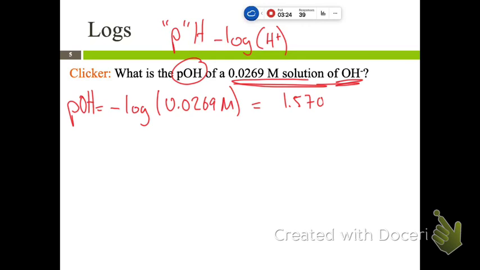So if I had the H plus ion concentration, I couldn't take the negative log and call that POH. So I have to do negative log of whatever that thing is. If it's this, I can call that pH. We don't have this. So I think there are mathematical ways you can find the H plus ion concentration if you have the OH minus ion concentration.